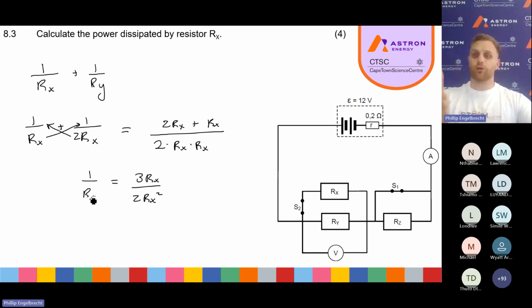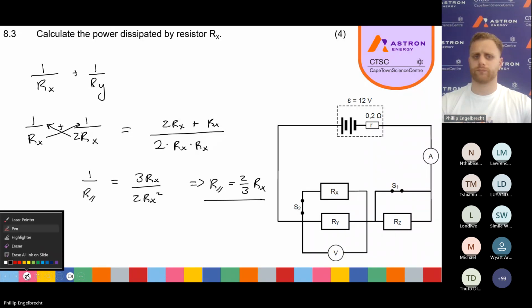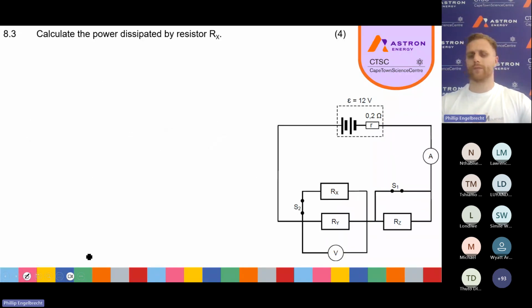Remember, your final step is you flip everything. So R parallel was simply equal to 2 over 3 Rx squared divided by Rx, which just gives you Rx. And there we go. Did that answer your question? Okay, perfect. I hope it did.